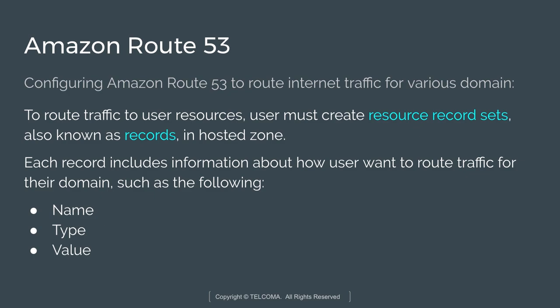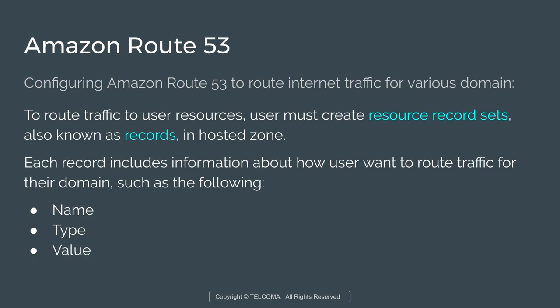The name of every record in a hosted zone must end with the name of the hosted zone. For example, if the hosted zone is example.com, all records must end in example.com. The Route 53 console does this automatically for you.